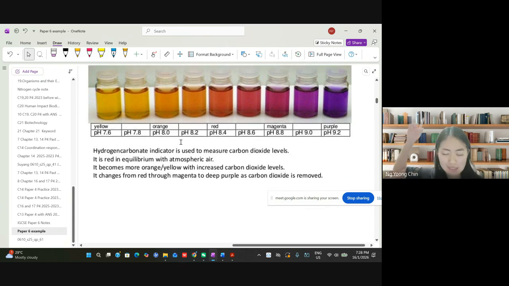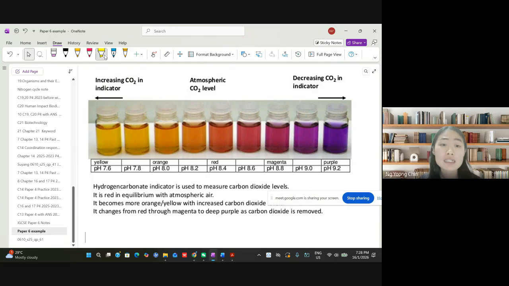So remember, if the color is showing red, pink or purple, that means it's alkaline pH. If the color is yellow or orange, it shows a more acidic pH, which means there is more carbon dioxide in the area.